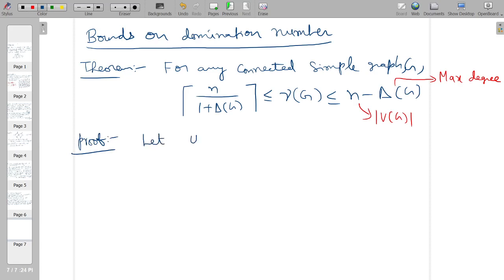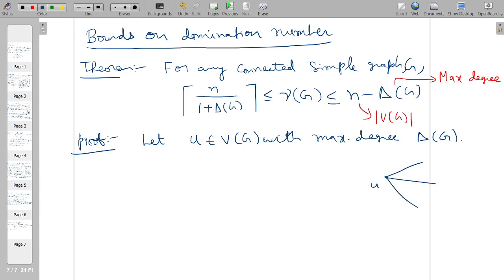Let u be a vertex in V of G with maximum degree delta of G. Suppose I take u here, it would be adjacent to u1, u2, u3, and so on up to u delta of G. You know that the degree of a vertex is the number of lines incident with it, which means that I have delta of G vertices adjacent to u.